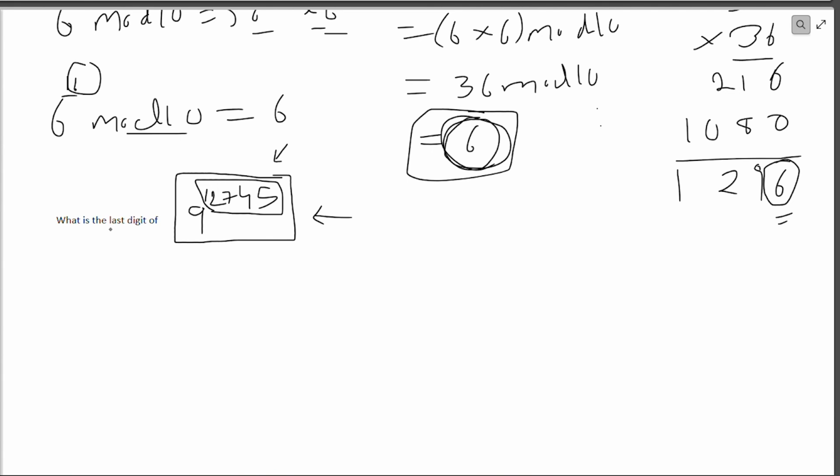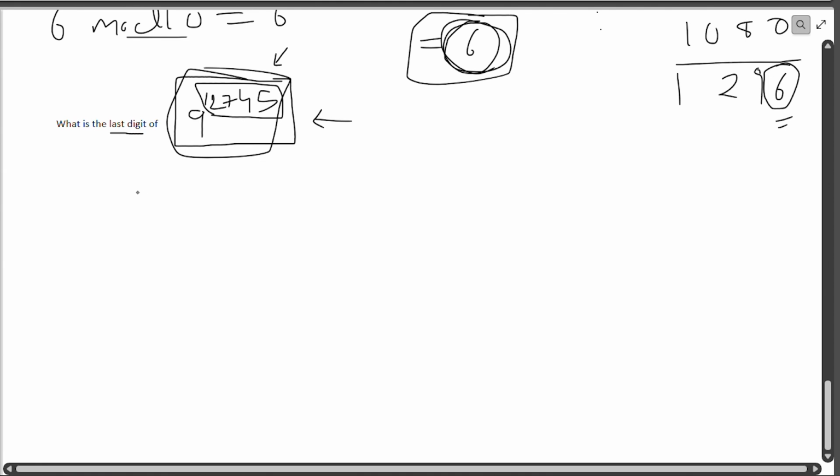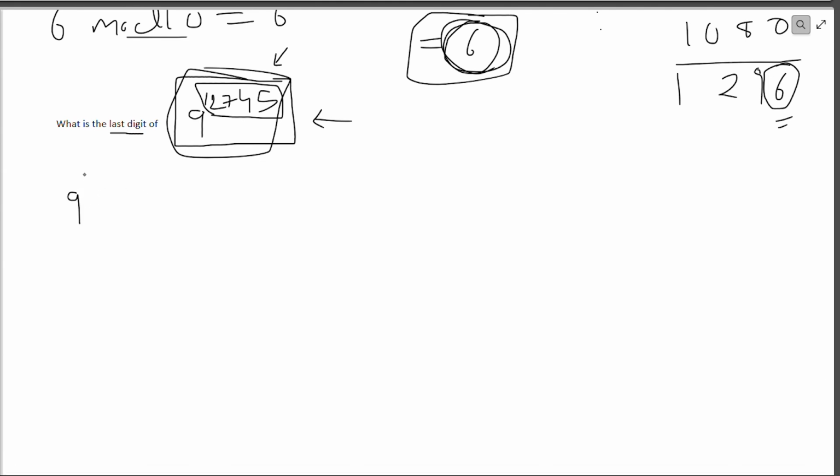But since it is asking for the last digit, we can use a clever trick. What we actually have to find is 9 raised to 1745 mod 10.